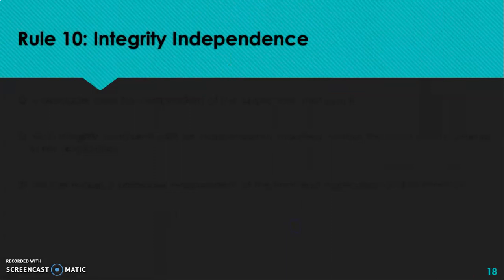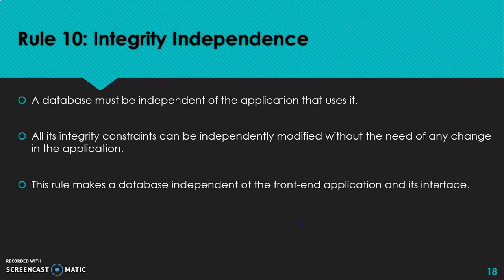Rule number 10, integrity independence. A database must be independent of the application that uses it. All its integrity constraints must be independently modifiable without the need of any change in the application. This rule makes a database independent of the front-end application and its interface.